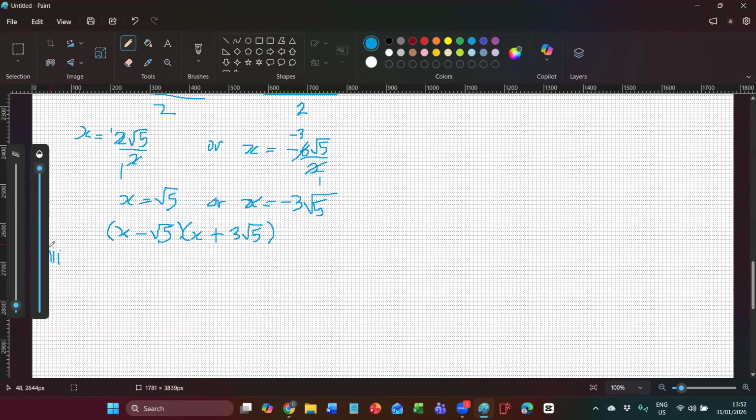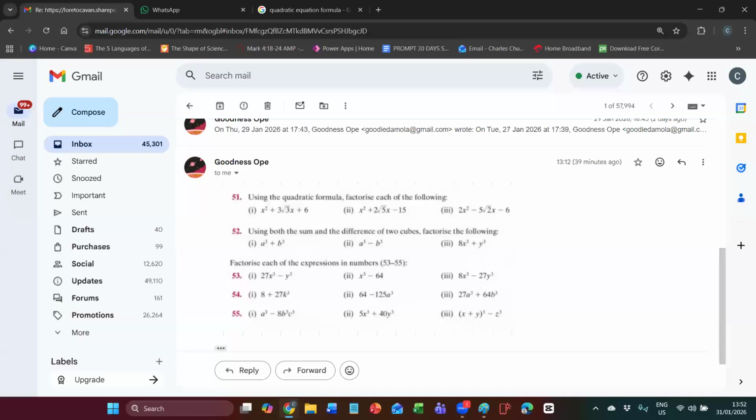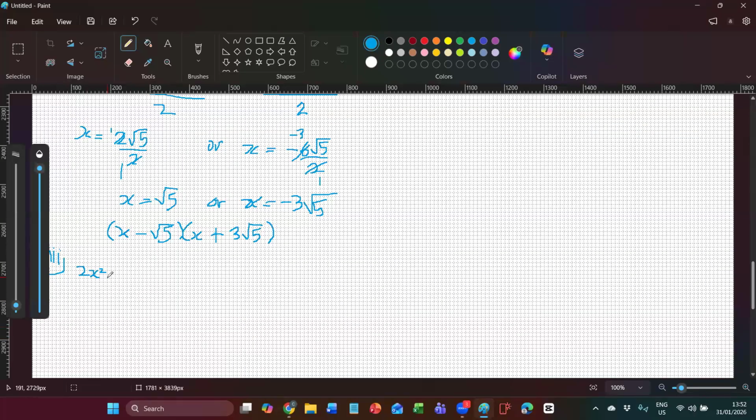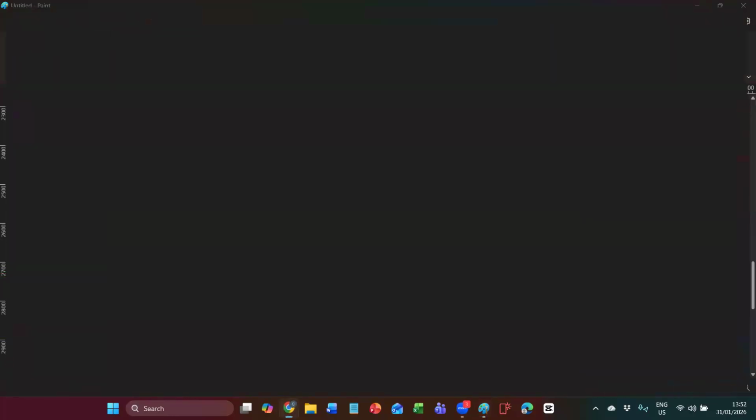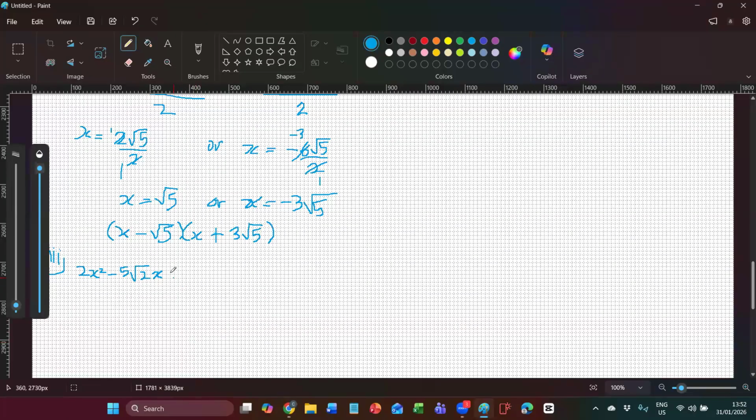Okay. This third one seems to give us something slightly different for A. That's 2x squared minus 5 square root of 2 x minus 6.